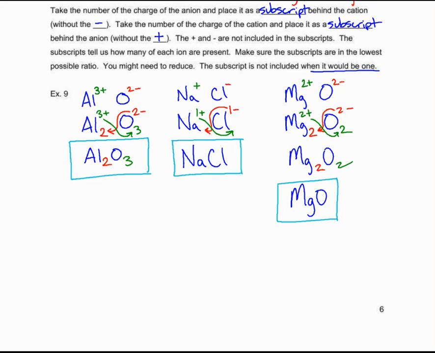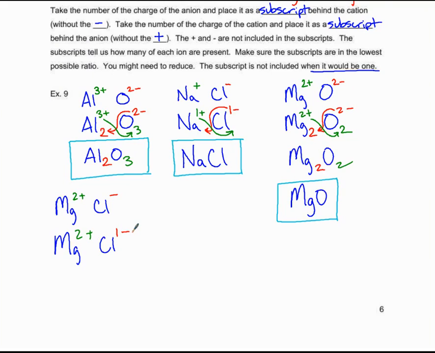A couple of other examples, we could have one that's magnesium and chlorine. So it's over here. The magnesium ion is going to have a 2+ charge, and the chloride -1. So here's the 2+, the minus is actually 1-.